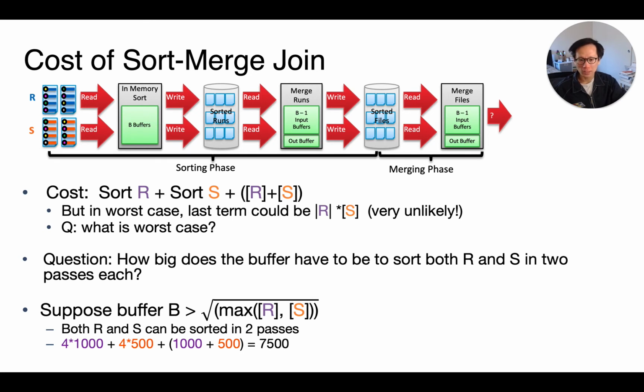Sorting S again takes 2 read and write passes, so that's 4 times 500, and then the final pass to read R, read S, and merge them together in a streaming fashion, and that's 1,000 plus 500, for a total of 7,500 IOs for this sort merge join.